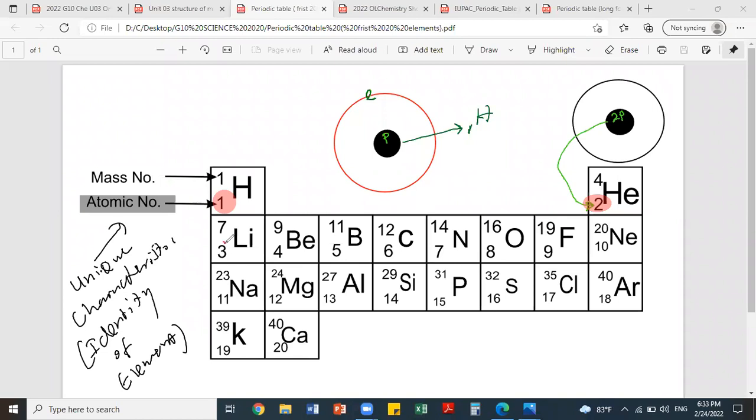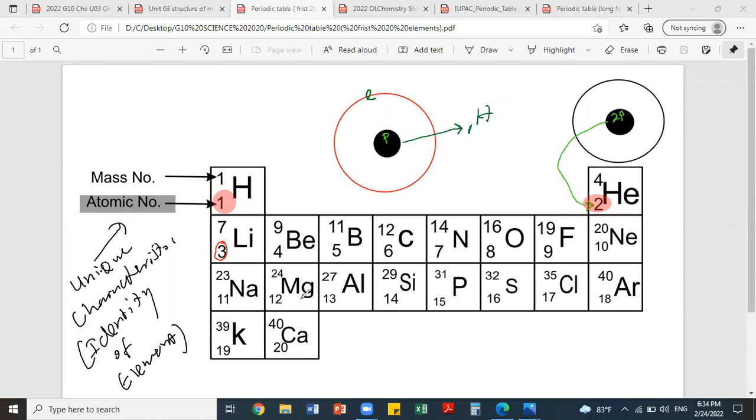If you take lithium, how many protons? 3 protons in the nucleus. So always remember the protons are inside the nucleus. That is called the atomic number.